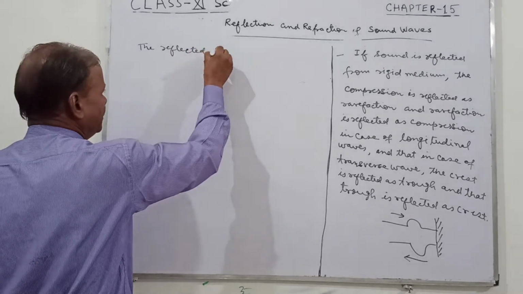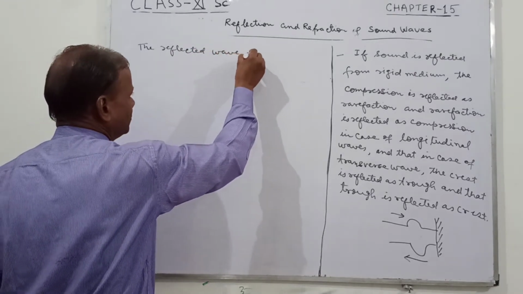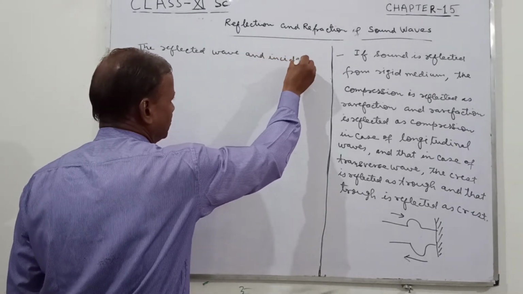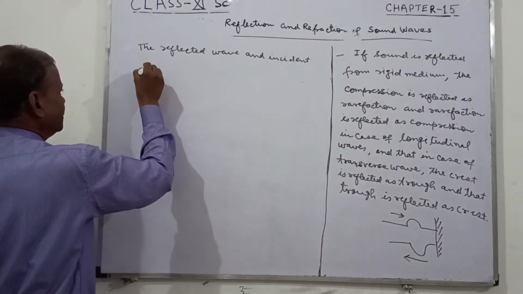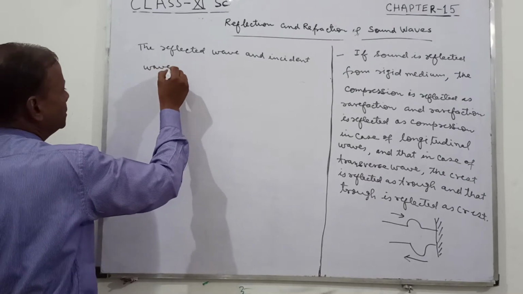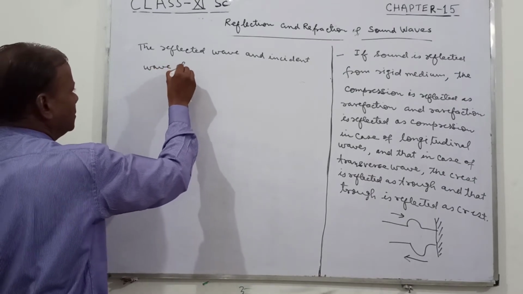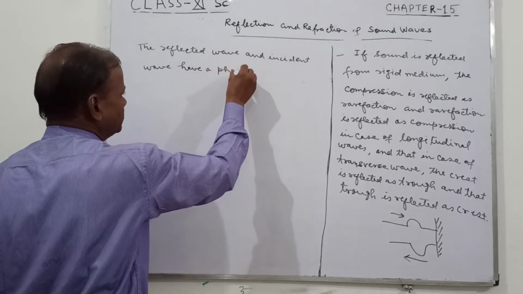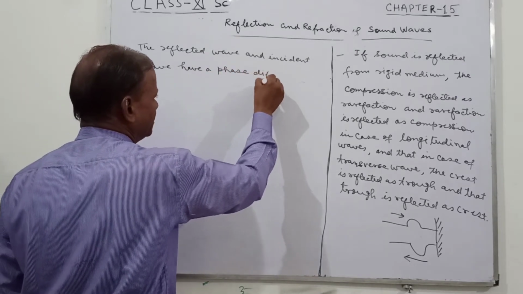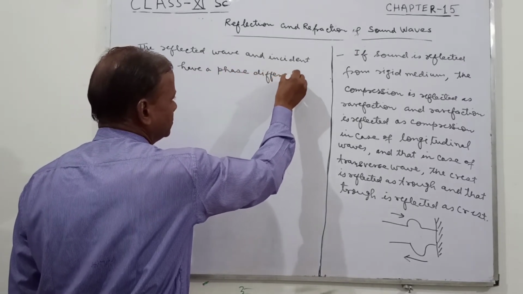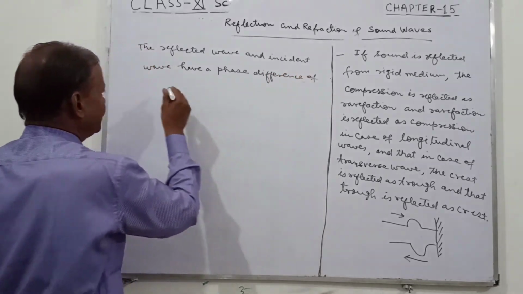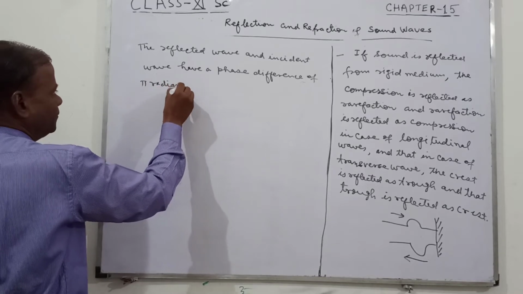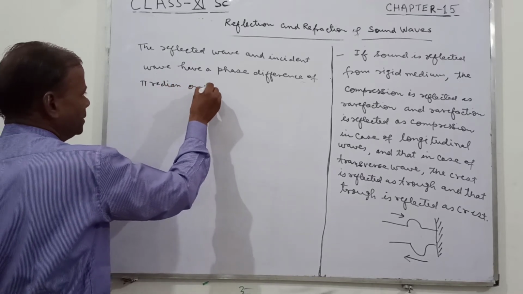The reflected wave and incident wave have a phase difference of pi radians or 180 degrees.